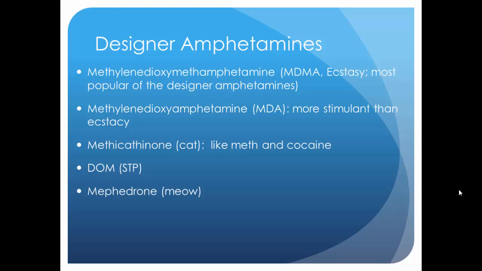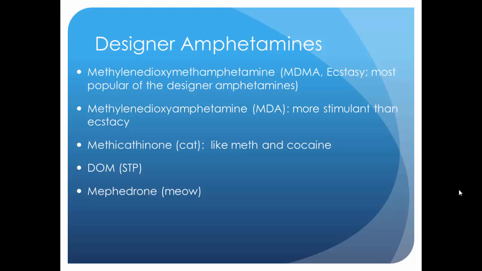So let's take a look at some specific designer amphetamines. MDMA, I believe, is the one you're most familiar with, big on the club scene. We'll talk about that one in the next slide.